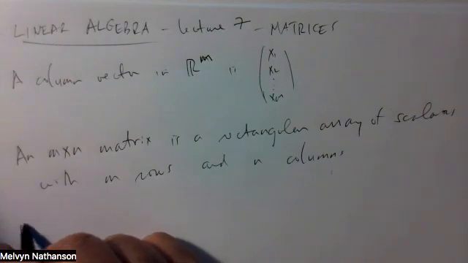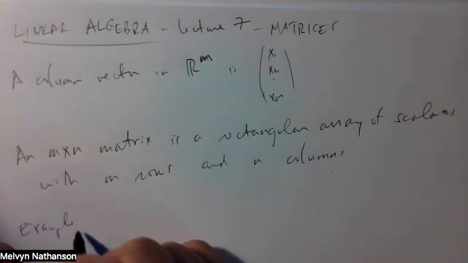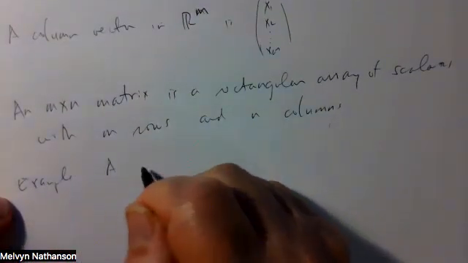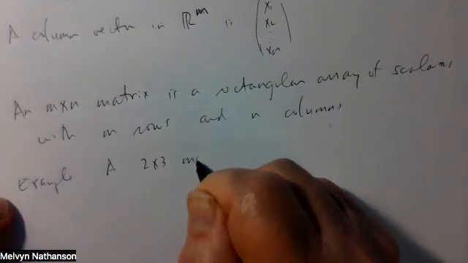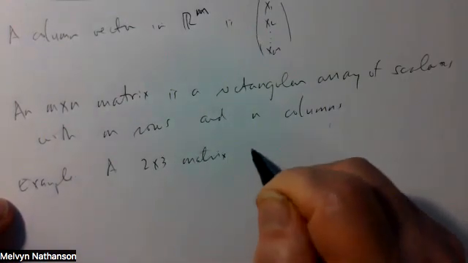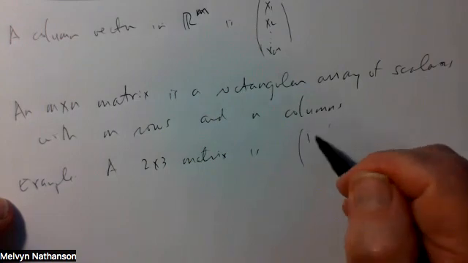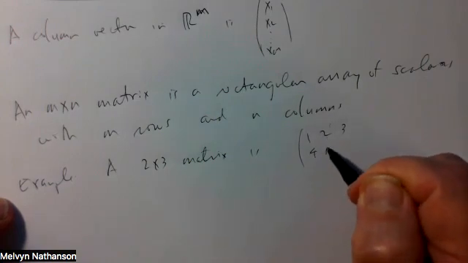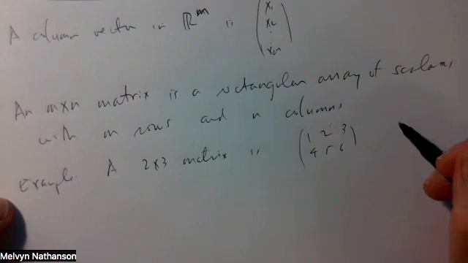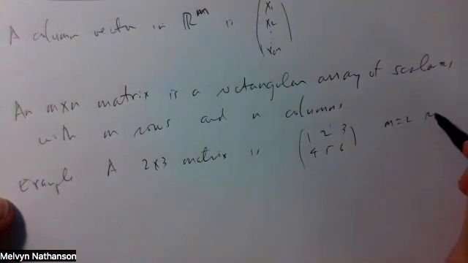For example, a 2 by 3 matrix, an example is 1, 2, 3, 4, 5, 6. So if you look at this, you have m equal 2 rows, n equal 3 columns.